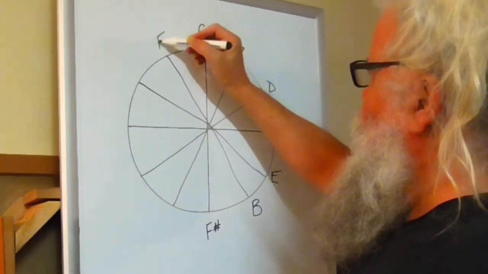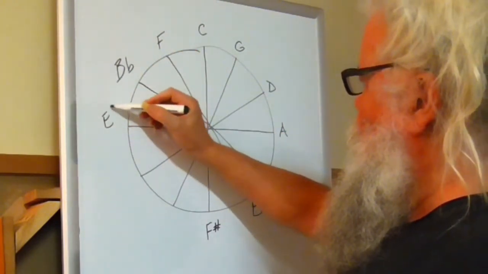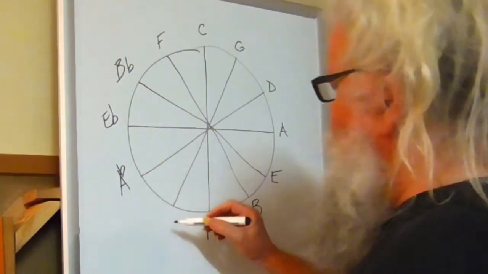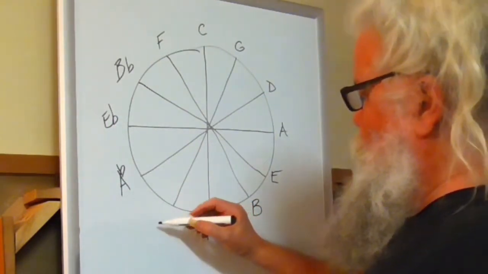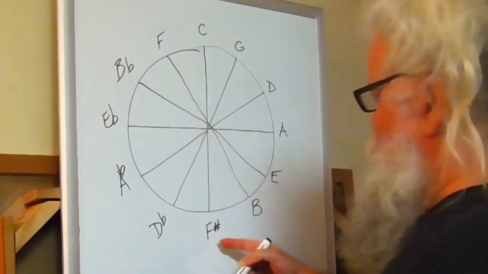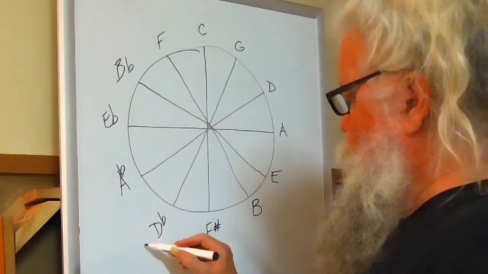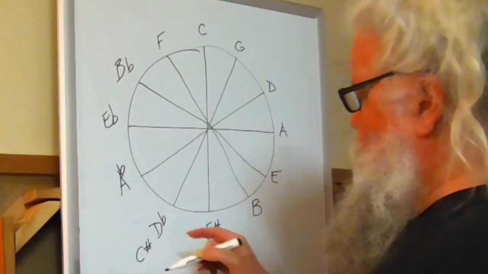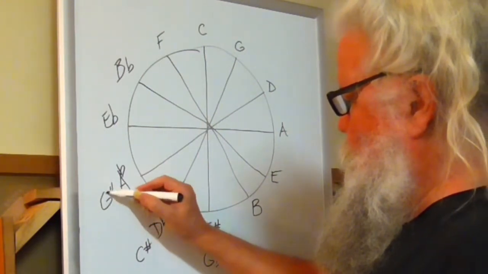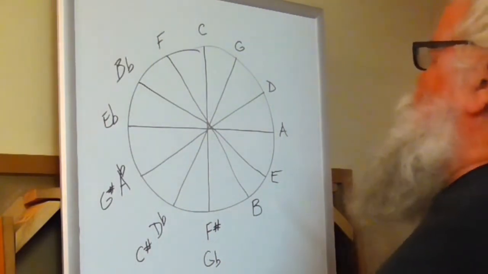So F, B flat, E flat, A flat, and D flat, also known as G flat, C sharp, G sharp, you know, sort of. Anyway, so that's the basic structure.